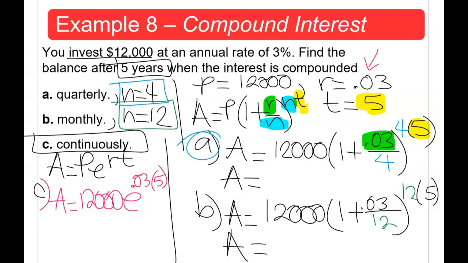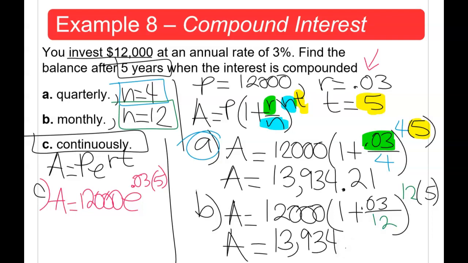So I got my answers, and for part A, I get 13,934, I rounded to the nearest hundredth because we're talking about money, so for cents, and that would be with 21 cents. The next one will be, no, I'm sorry, oh, this is actually wrong. This should be 39.